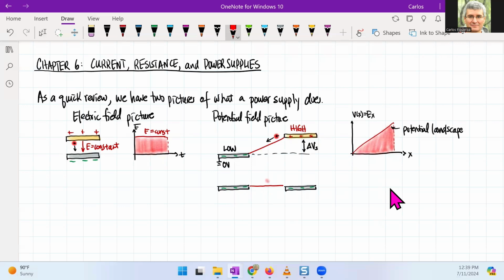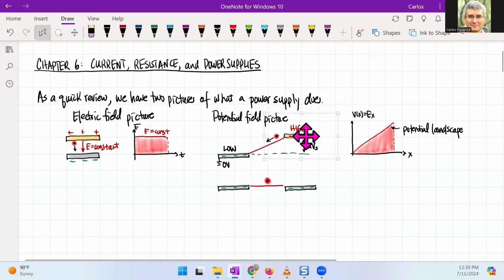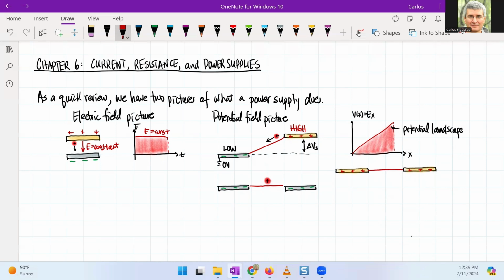So if I place a test charge here, that test charge is not going to move anywhere. If I look at this flat plane and have a test charge right here, then this test charge would have no motion.